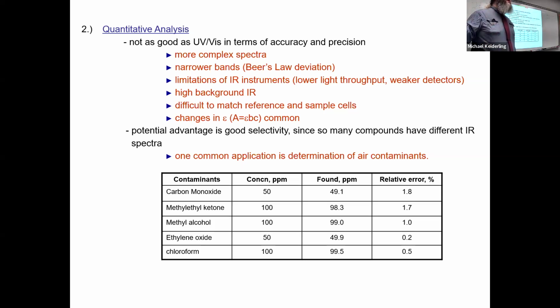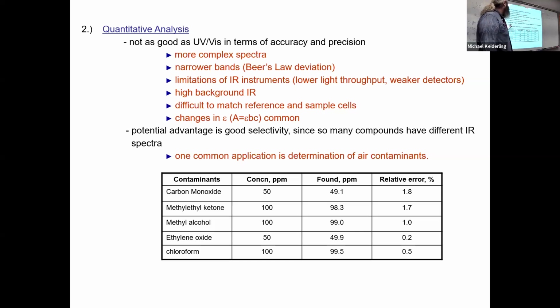That's less of an issue with an FTIR instrument. The FTIR helps deal with both of those problems. It's difficult to match reference and sample cells. That's a real issue. And changes in epsilon, A equals epsilon b c, are relatively common. But a potential advantage is good selectivity, since many compounds have different IR spectra.